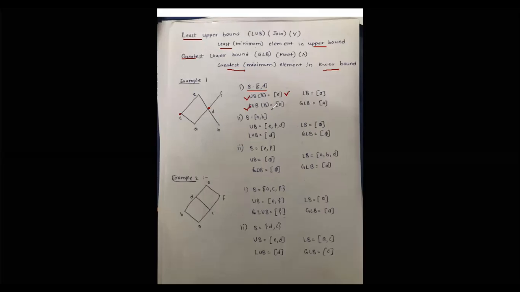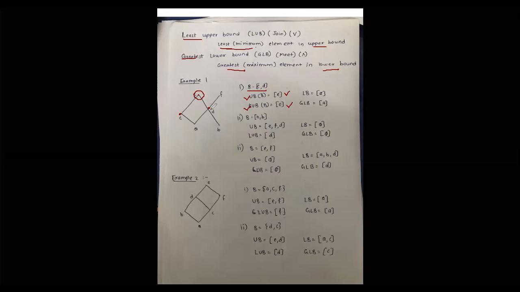Least upper bound is nothing but the minimum element, that is the least element, from the upper bound. So only a single element is there in the upper bound. Let's check if this element is the least or not. E is, of course, the least element because it is related to itself, and E is the only element in the upper bound, and that's why E is the least upper bound.